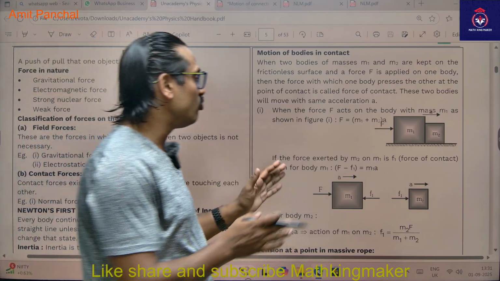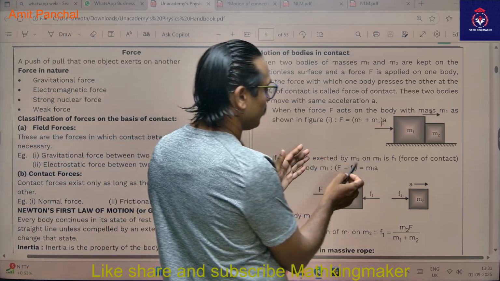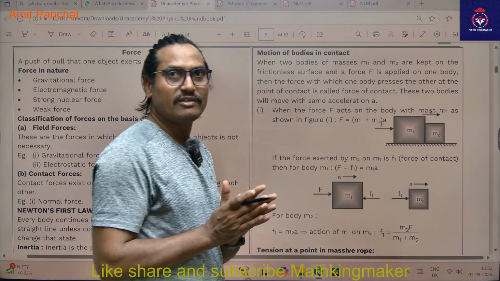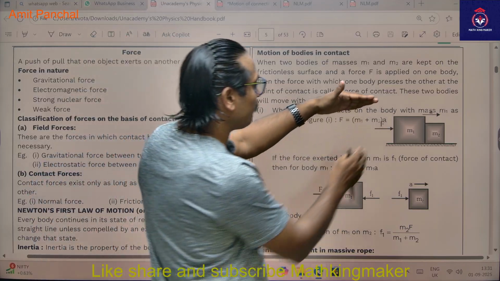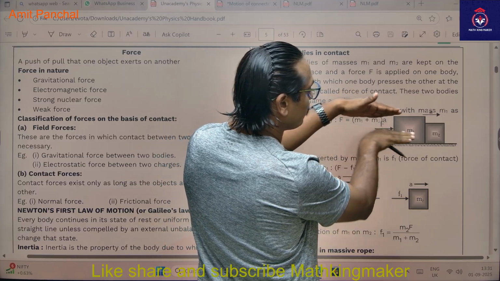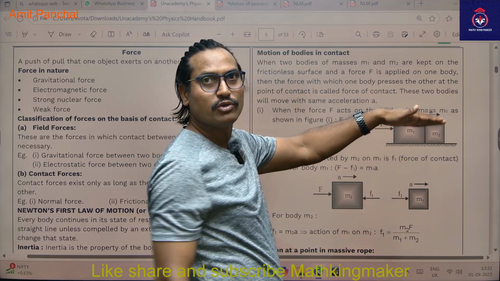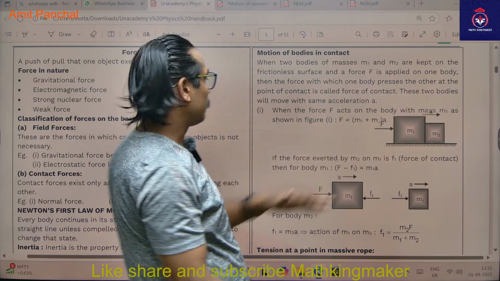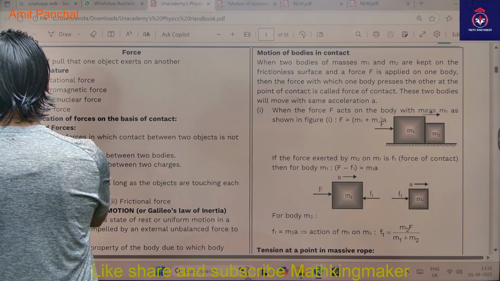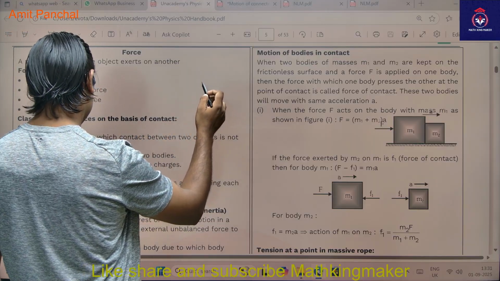The resultant force of these two forces, the capital F force, is applied by the M1 body to M2. We will figure it out here.